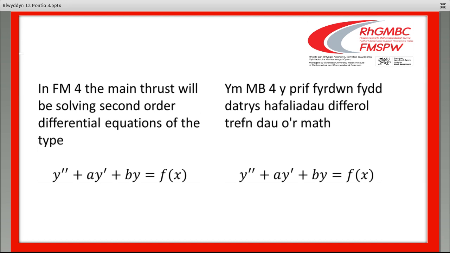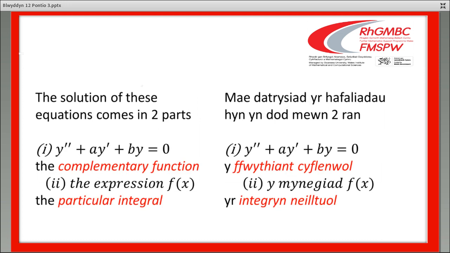Now, the actual solution is made up of two parts. We initially start to consider that f of x equals 0. Now when we solve that, that gives us what is known as a complementary function. And then we start to look at what value or what expression they have given us for f of x.